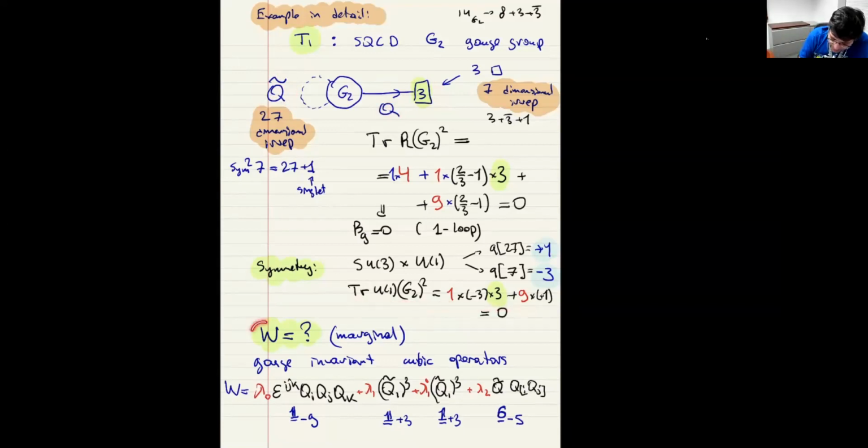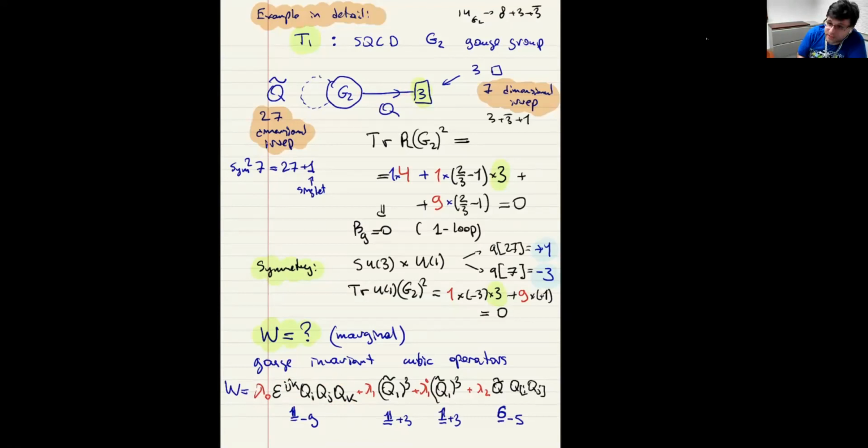So now what are the marginal superpotentials we can turn on? Since the R charges of all the fields are 2/3, the marginal superpotentials should be cubic gauge invariant operators. There are actually 4 types of operators that we can turn on. First of all, we have these fundamentals, and from them we can build an invariant of G2, and we can turn it on with some superpotential coupling lambda 0.